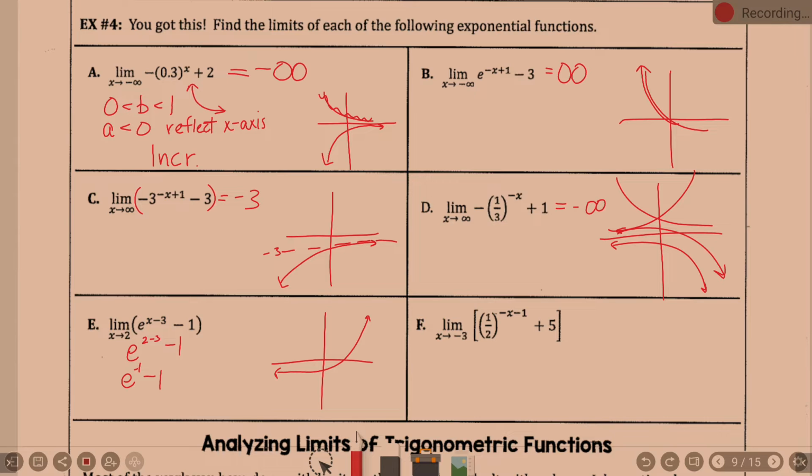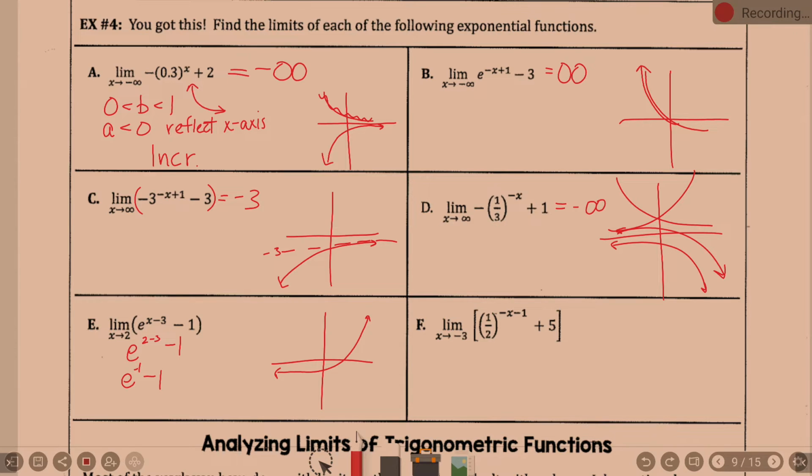What's one step they would at least do? We can't look at the graph on this one. This is our answer.